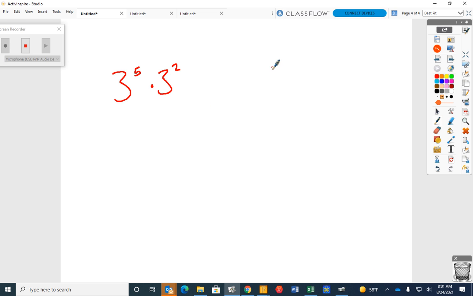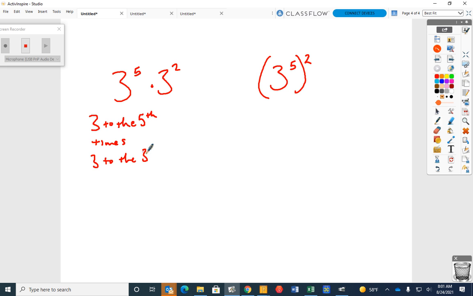Now tell me this, do you think this means the same thing? Okay, if I was to put words into this, this means 3 to the 5th times 3 to the 2nd. And in this case, this means 5 plus 2 would be what? That's exactly right. That's easy, right?